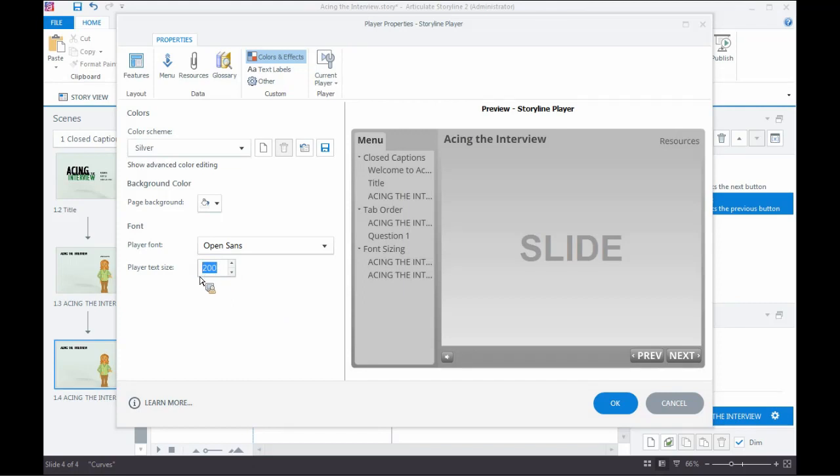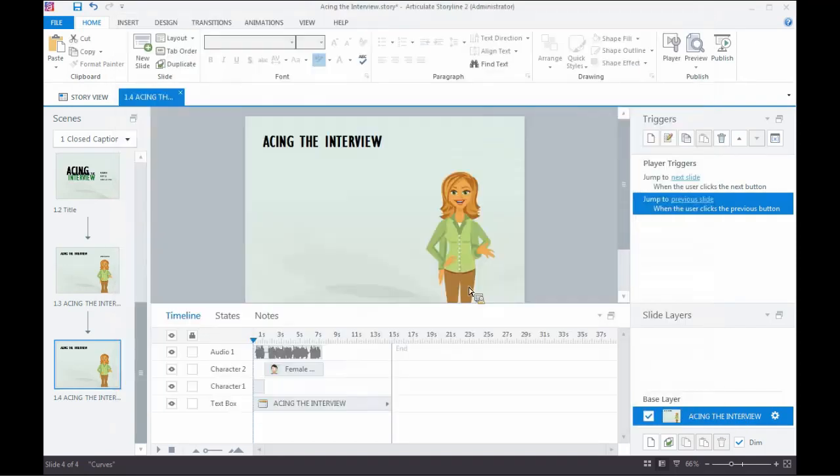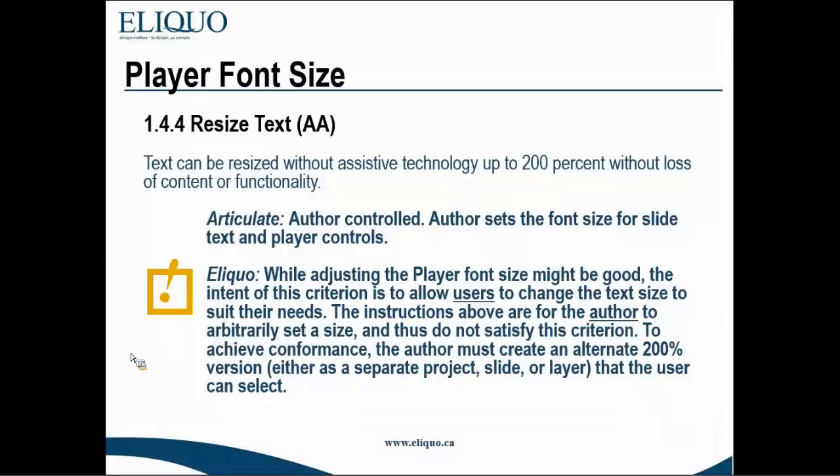Now, options that you can include here would be to create two versions of the project, one with 200%, one with 100%, and allowing your user to select the version they want before they even open the course. We're going to look at the actual requirement for resizing text itself in just a few minutes.